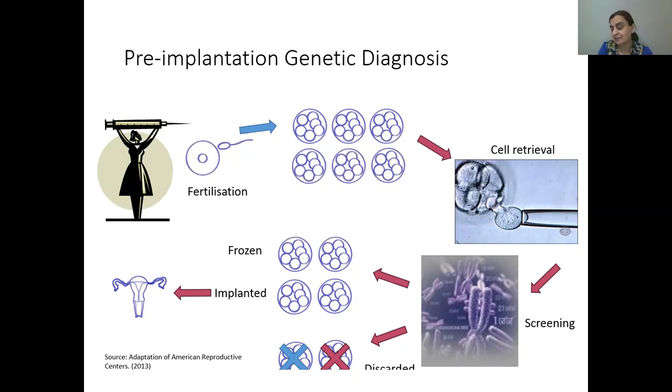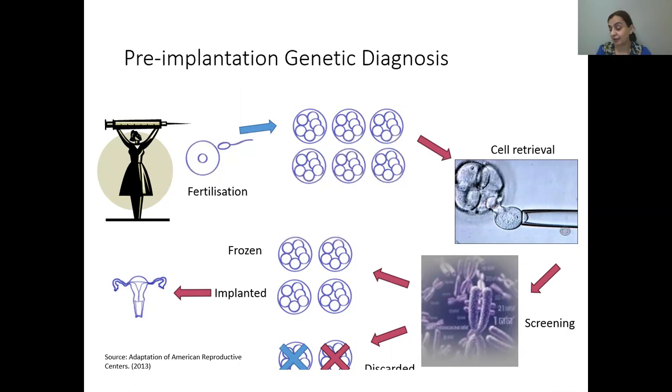Well, PGD is a form of assisted reproduction. It's essentially the same as IVF, if you like, but with a few extra steps. Initially, the female undergoes fertility treatment to hyper-stimulate the production of eggs. These eggs are then collected and fertilised.